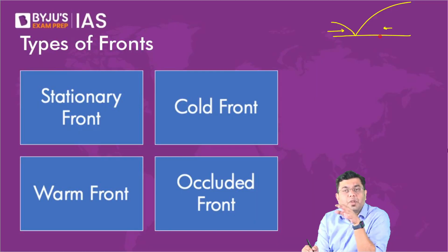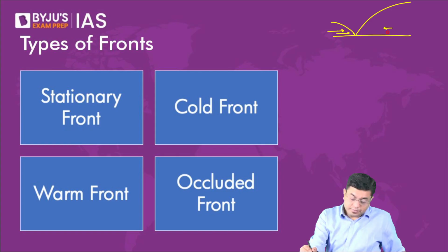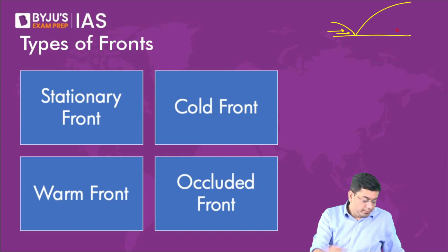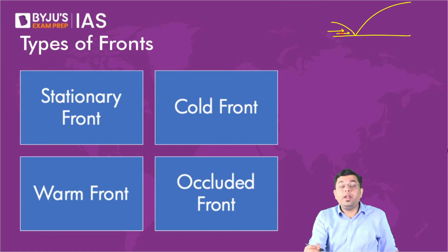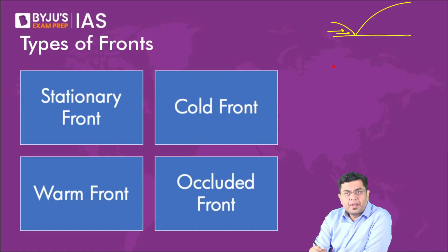Now, what if, let's suppose, you have the cold air which pushes further. If the cold air is active, what will happen to the warm air? Warm air has greater volume, it is lighter in weight as well. Cold air is heavier, has got lesser volume.